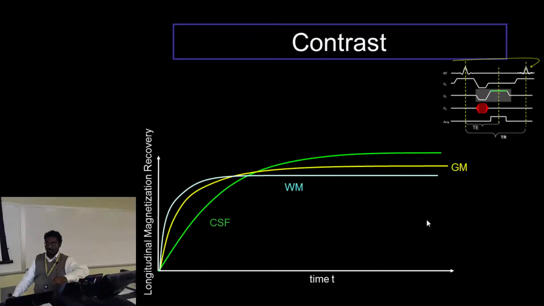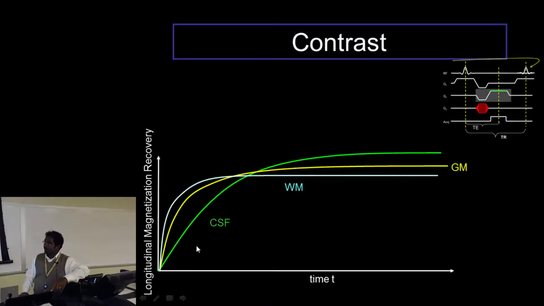Okay, so let's look at the other extreme now. We talked about imaging on this extreme where we wanted to see the spin density weighting. Now here, this curve is basically M0 times (1 minus e to the power minus t by T1), and as a function of time, if you plot it, that's the recovery curve you would get.